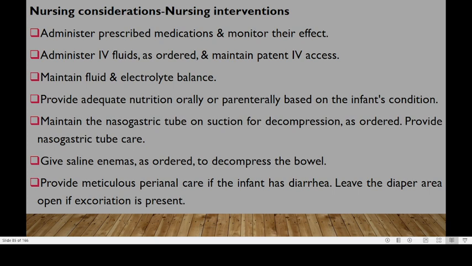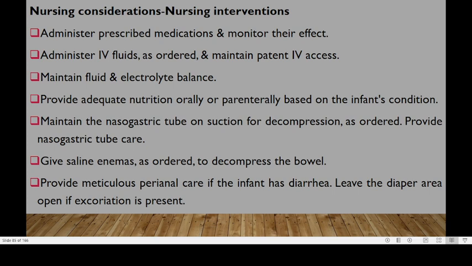For patients with Hirschsprung disease, nurses will need to administer prescribed medications and monitor their side effects. You need to administer fluids as ordered and maintain patent IV access. You monitor fluid and electrolyte imbalance, provide adequate nutrition orally and parenterally based on the infant's condition, and maintain nasogastric tubing on suction for decompression as ordered, and provide nasogastric tube care.